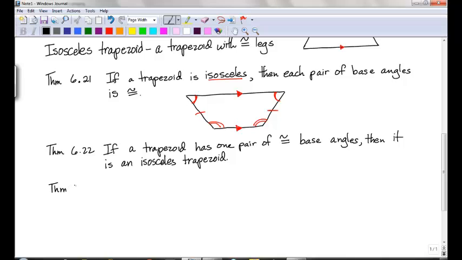Theorem 6.23. All of these are talking about isosceles. A trapezoid is isosceles if and only if its diagonals are congruent.